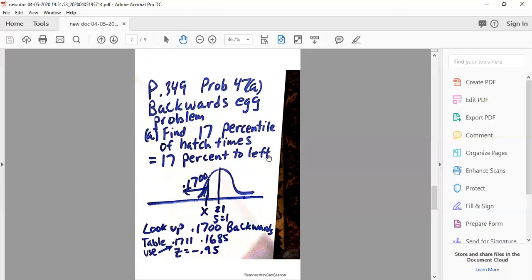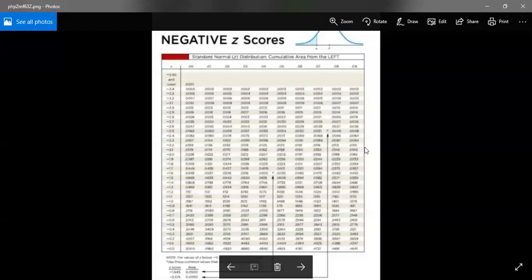Can you give me the negative table? So I'm looking for 0.17. See, I'm looking inside the table.